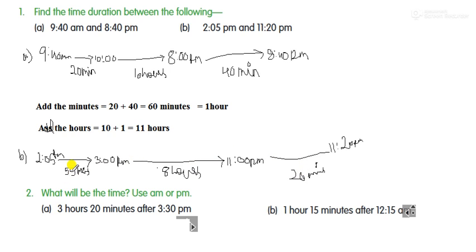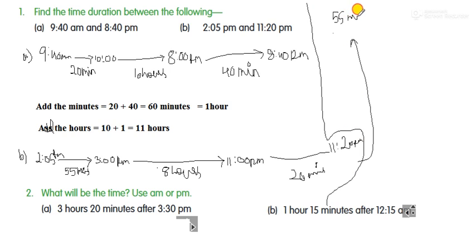Now add the minutes. Here 55 minutes plus 20 equals 75 minutes. 75 minutes means 75 minus 60 is 15 minutes.